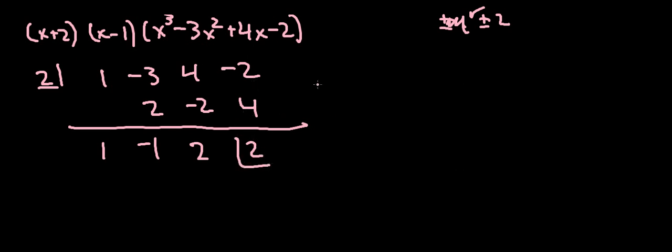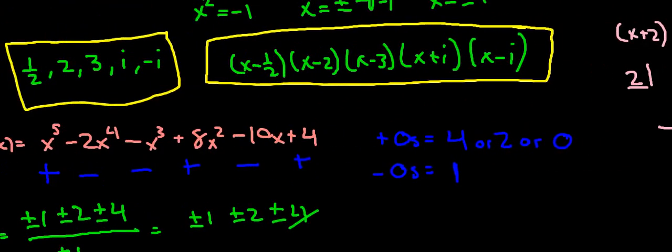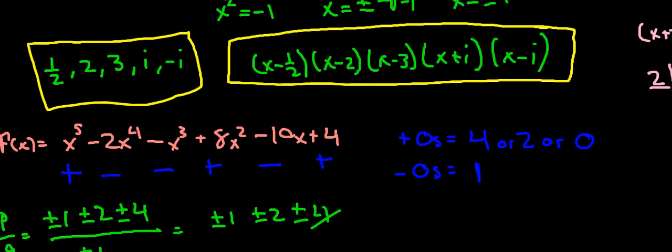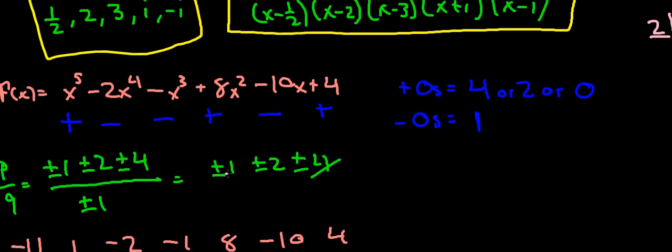And here a lot of people would maybe start questioning whether they did the problem right or not, because we've run out of zeros. So if we go back to our original pool of zeros, which is right here, we had plus and minus 1, plus and minus 2, and plus and minus 4. And we found out that x is equal to minus 2, so minus 2 was a zero. So we don't have any more minuses.